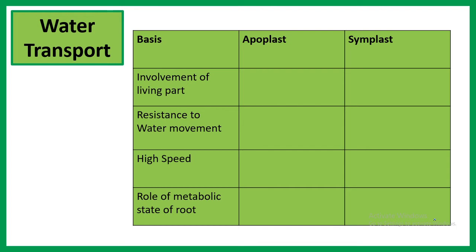So the cell wall is a part of your cell, but it is not considered a living entity. So apoplast occurs through the cell wall, so it does not involve a living part, but symplast occurs through the cell cytoplasm and cell membrane, so it involves a living part.